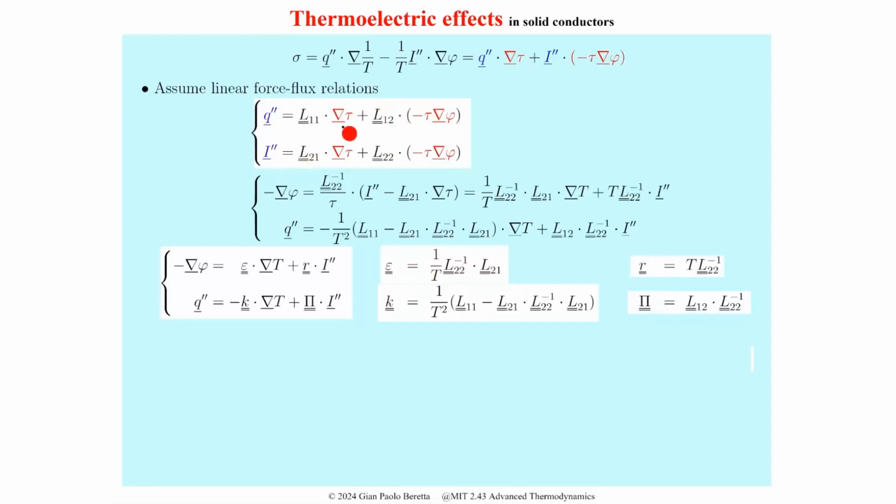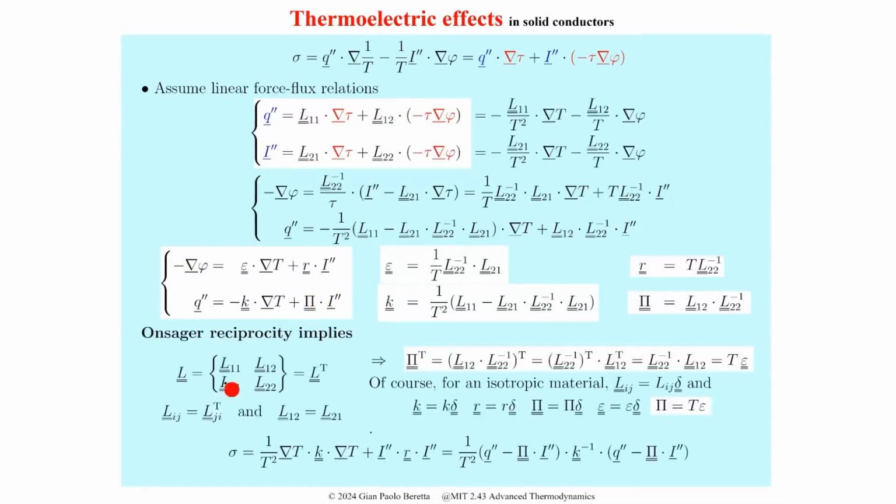So L12 is equal to L21. More precisely, since we're talking about tensors, you should think of this as a big system in which you have three equations here for the components of the heat flux and three equations here for the components of the current density.